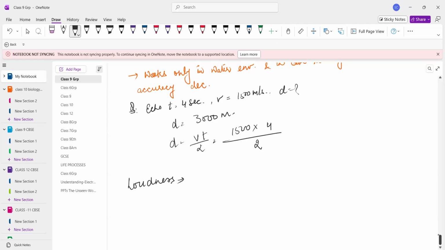Yes. Loudness means we can distinguish how loud the sound is or how soft the sound is. So loudness depends on amplitude, and it is directly proportional to the amplitude. If amplitude is higher, the sound is louder. If amplitude is smaller, the sound is softer.